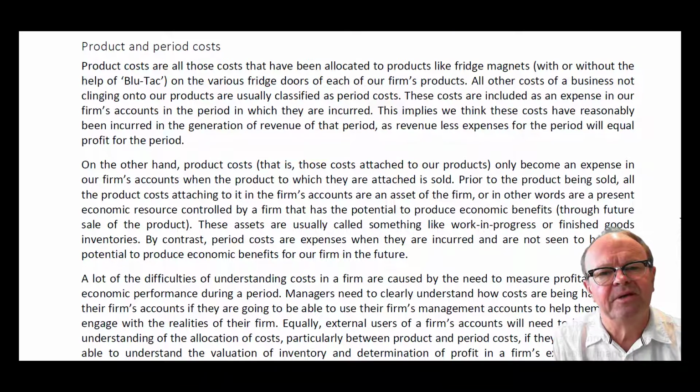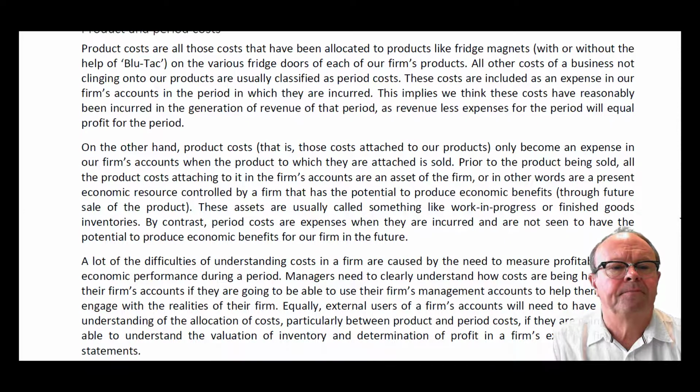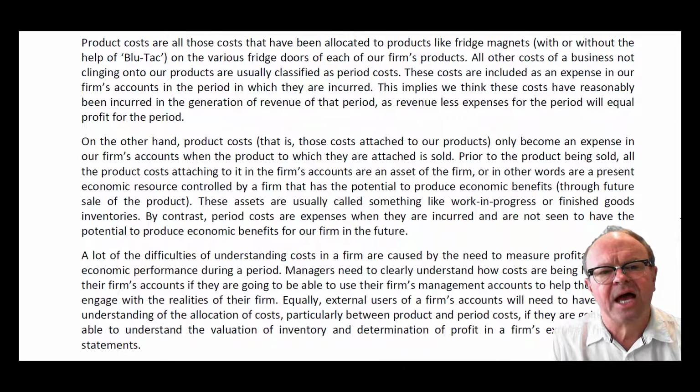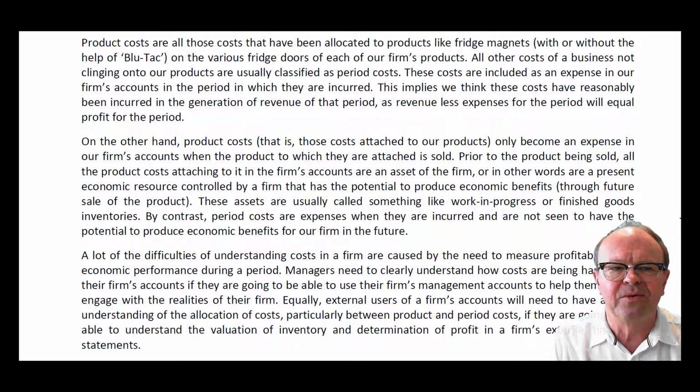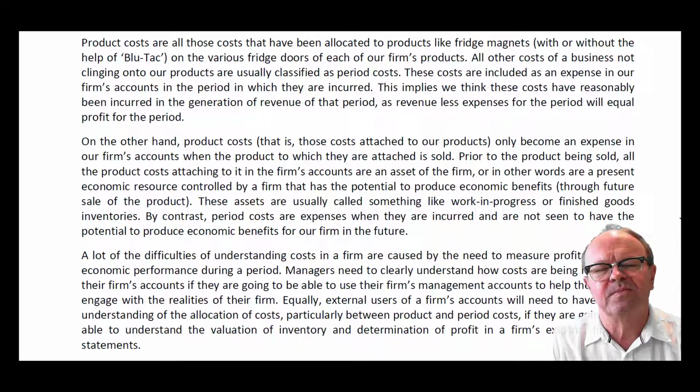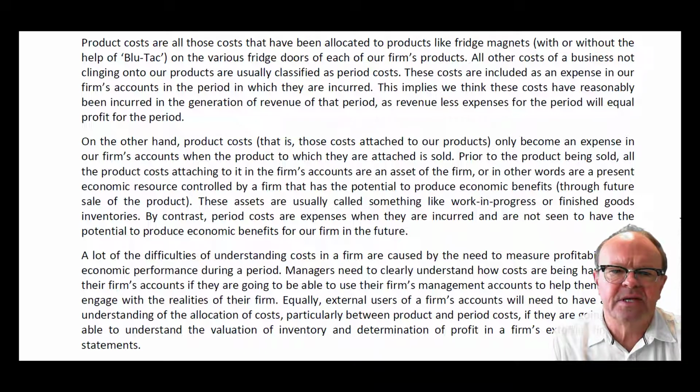Product and period costs. Product costs are all those costs that have been allocated to products like fridge magnets, with or without the help of blue tack, on the various fridge doors of each of our firm's products. All other costs of a business not clinging onto our products are usually classified as period costs.